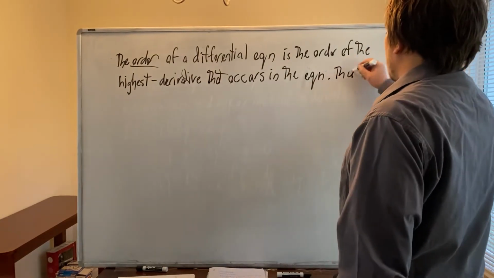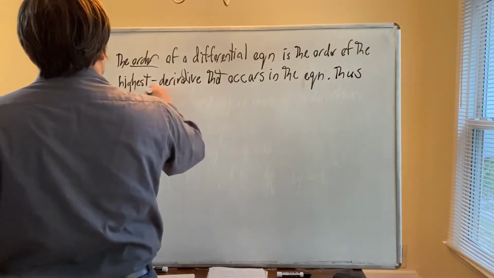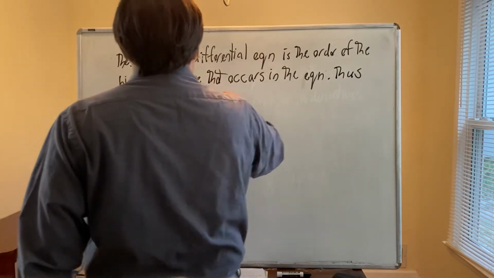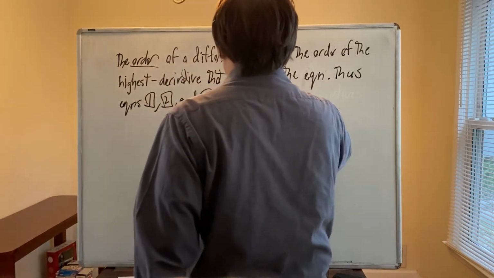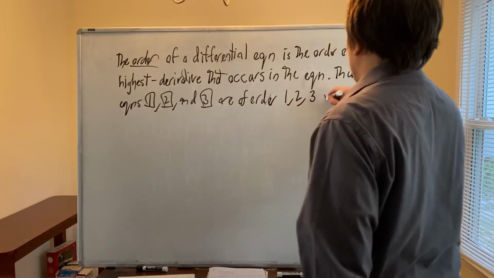Okay, so thus on the last board, equations 1, 2, and 3 are of order 1, 2, 3, respectively.